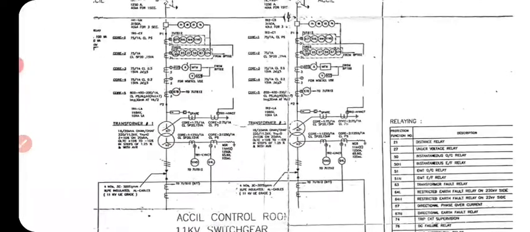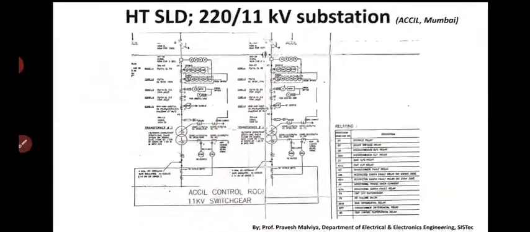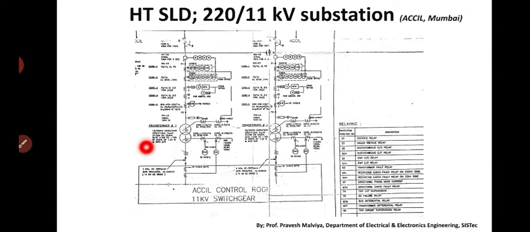If we closely see this SLD, it's quite complicated. First of all, it's quite different from what we studied in the book. This is the actual SLD of a 220 by 11 kV substation. Now what is happening here?